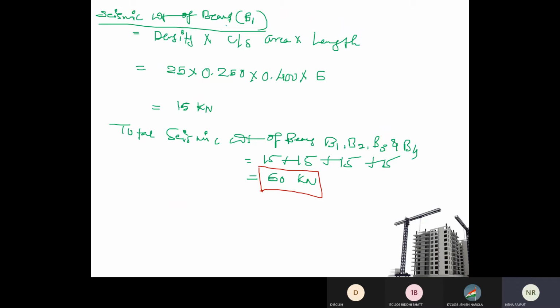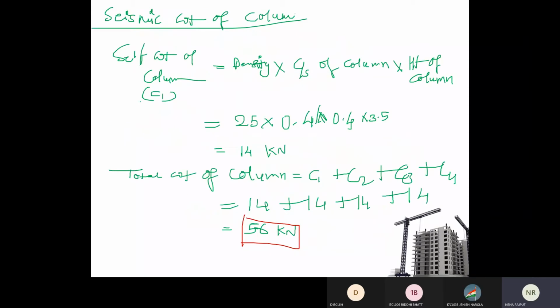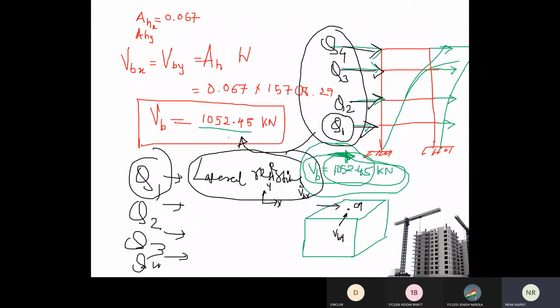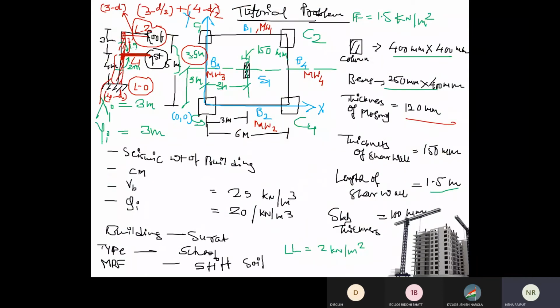Chalo. Is there any change in beams? No. So level 2 beams 60 kilonewton. No change. Is there any change in column? Yes. Height of column. Right. So what is height of column for this case?